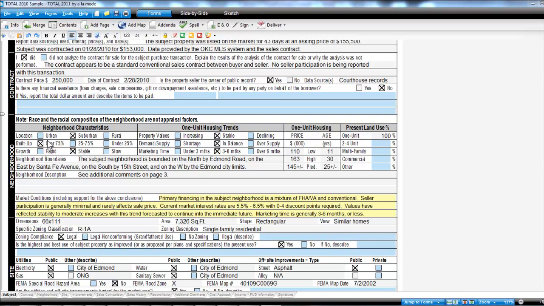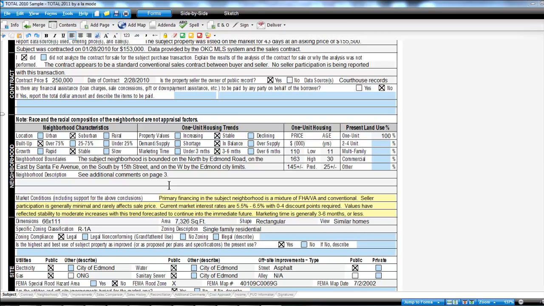But I would say, as we get into this and go through the rest of these fields, what you as an appraiser would want to do is make sure that if there's a factor that's unique or has a significant impact on property values that's different from the others in the area, you highlight that and spend some time discussing it.